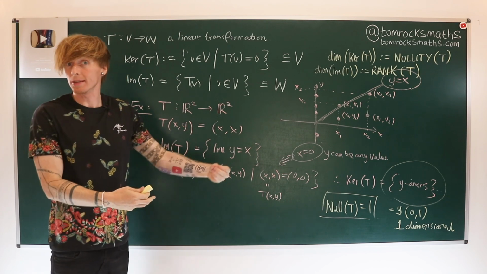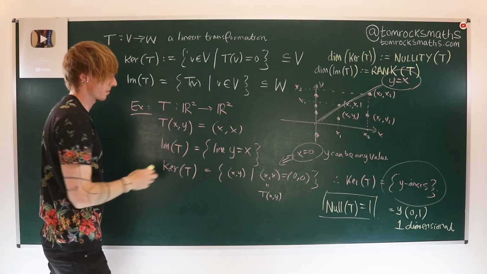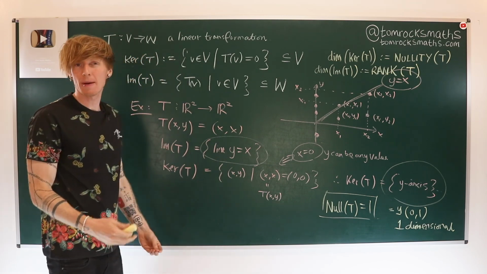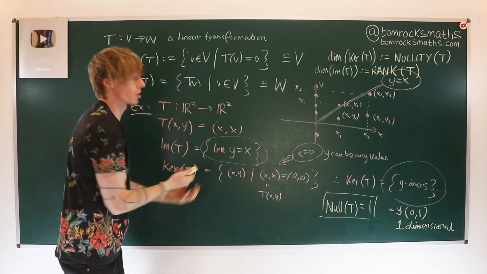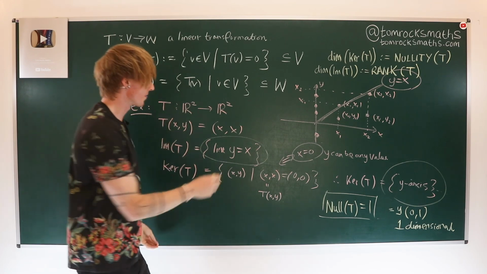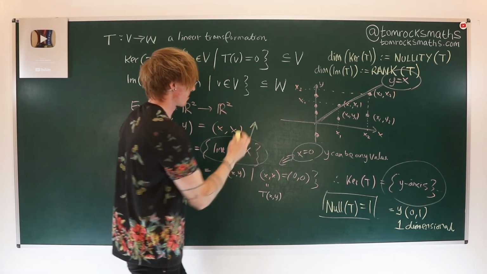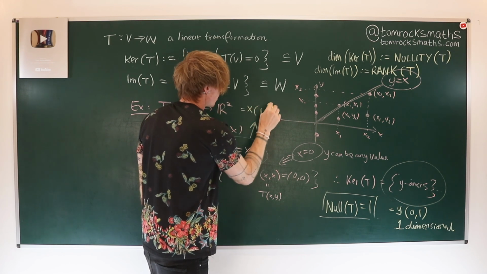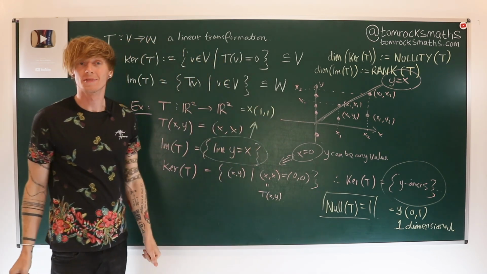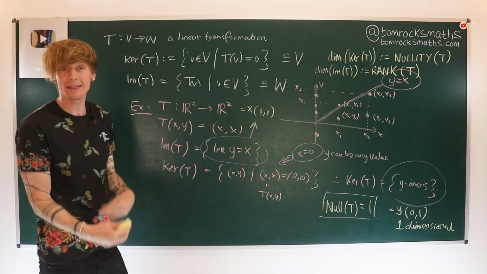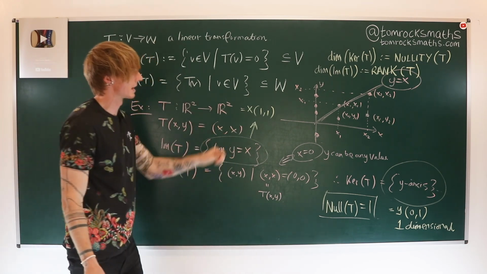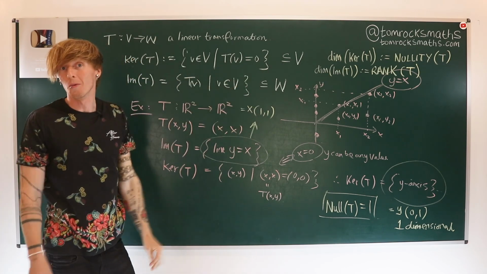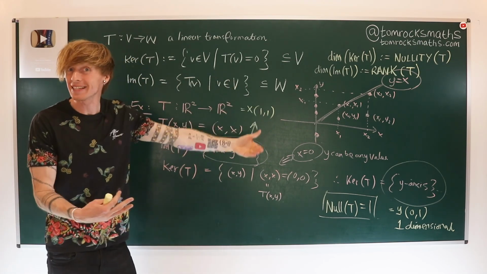We can now also look at the image, which is our line y equals x. And if we think about how we would construct any point on that line, well, that's simply some number x multiplied by the vector (1, 1). So any point on this line, and therefore any point in our image space, is a real number x multiplying a single vector (1, 1). So this again is going to be our basis vector.